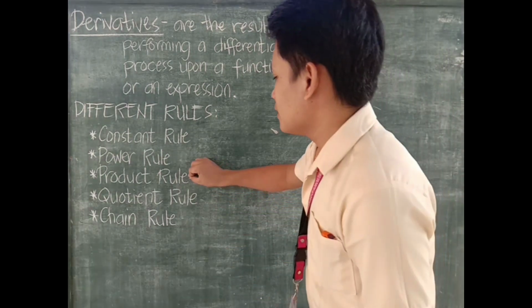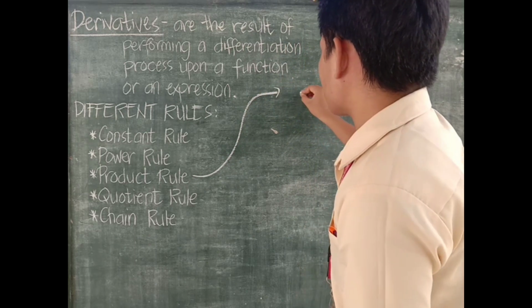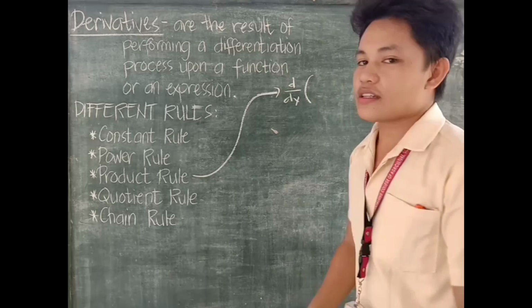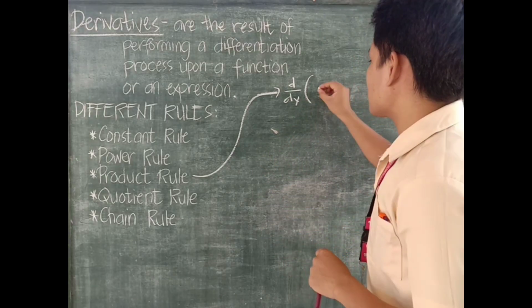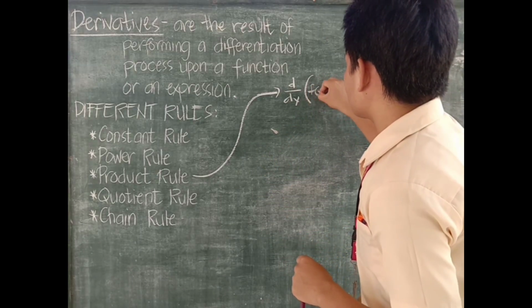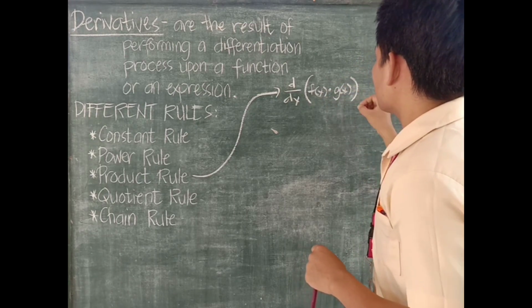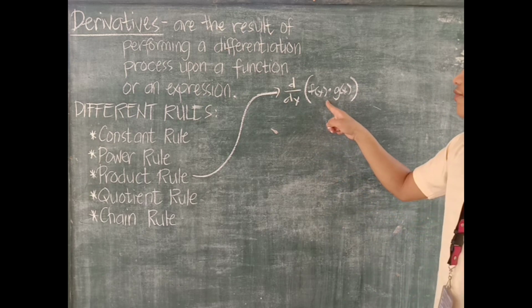The product rule. The product rule, we have here an equation, the derivative with respect to x of a two-function product. Let's consider f of x times g of x. So let's find the product of these two.